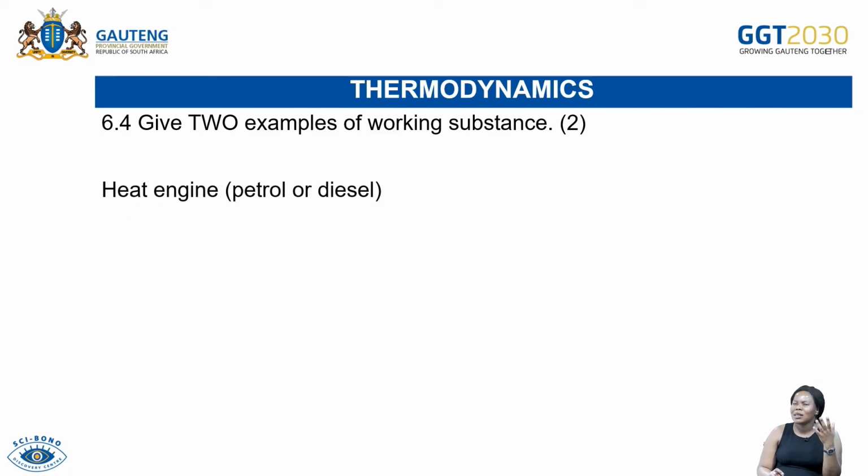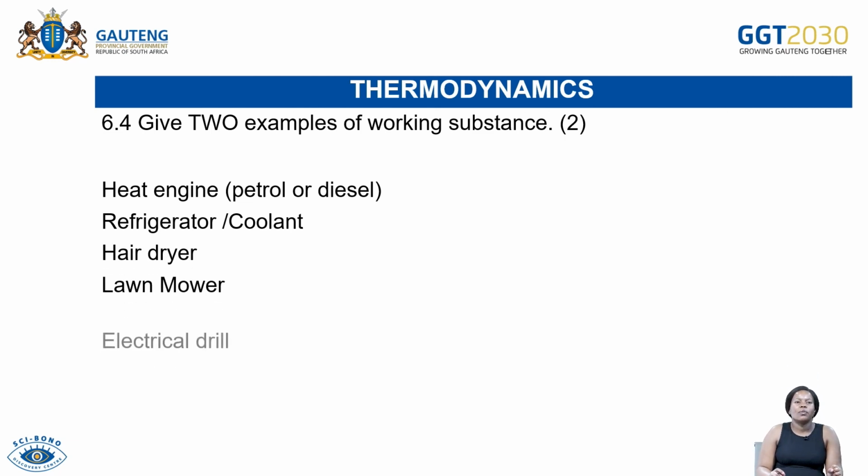What is that substance that absorbs heat energy? So heat engine, refrigerator or a coolant, and then hair dryer, a lawnmower, and then electrical drill. So all of these are examples of a working substance.